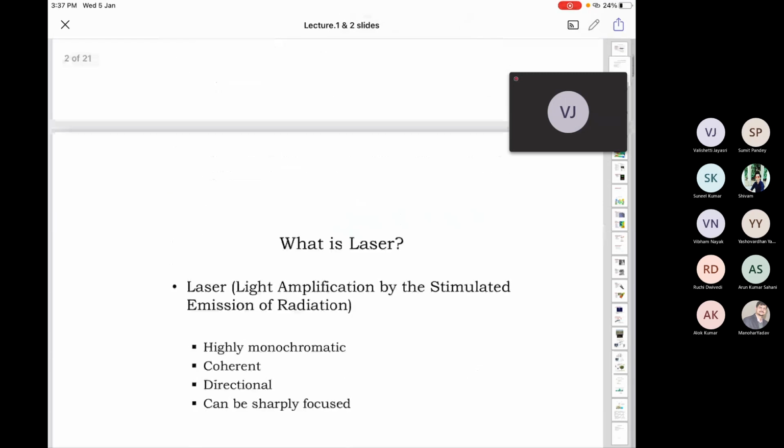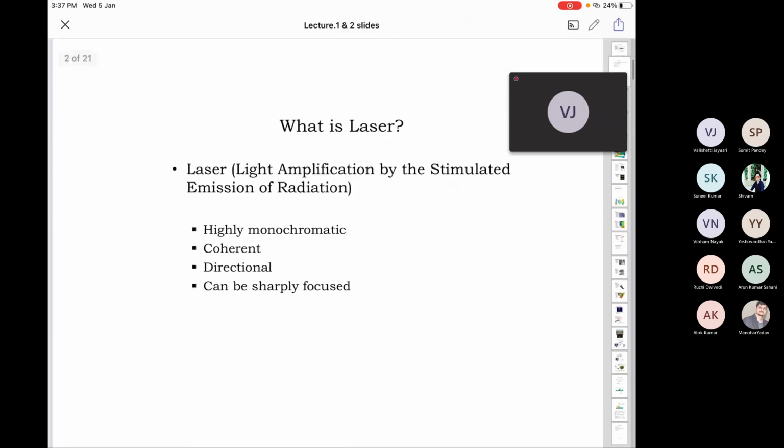This is the reason why the laser generated by the laser source should be directional. Why is it directional? Because once we target in a certain direction, it should follow that, and it should be sharply focused so that a point coordinate can be ensured.